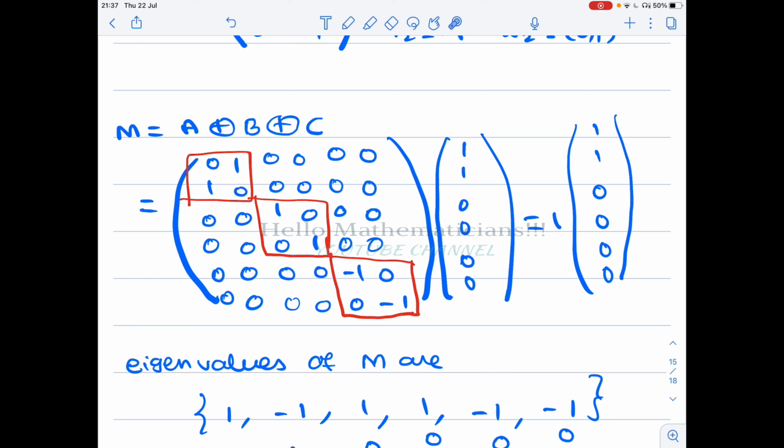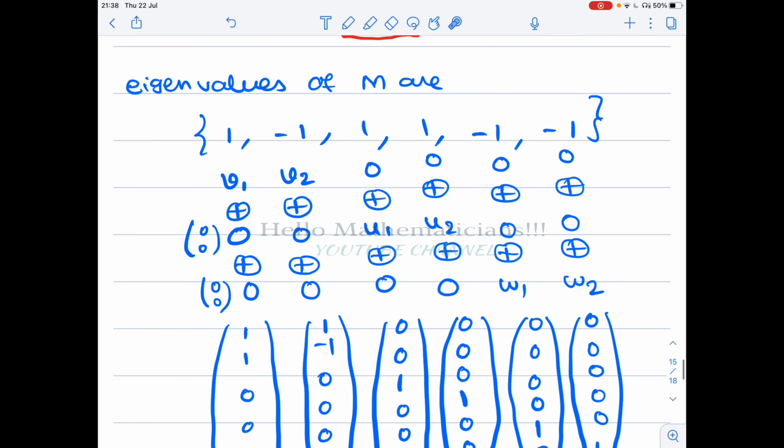So what we are doing is taking an eigenvector of this block and extending it to an eigenvector of the full block matrix. Since this is the first block, we put this vector in the first two entries, and the remaining entries, which correspond to the other two blocks, we keep as 0.